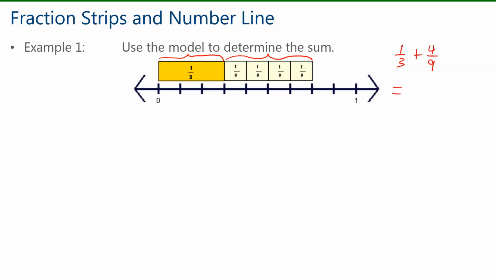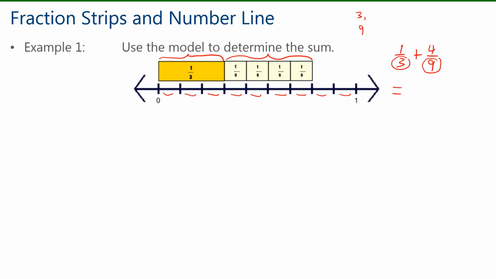Let's look closely at our number line for a sec. We notice that our number line between 0 and 1 has been divided into 9 equal sections. There's a reason for that. That relates back to the LCD. If I look at my denominators here, I have a 3 and a 9.